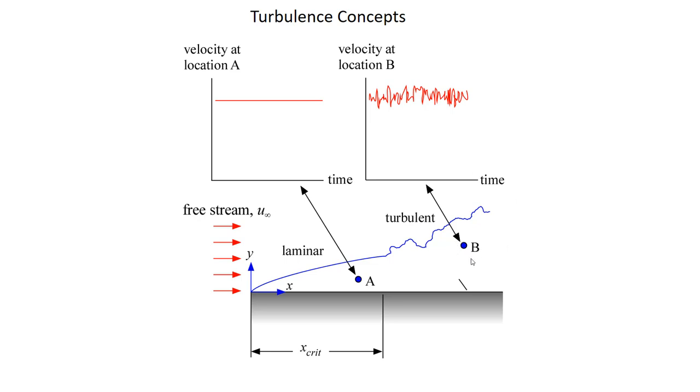On the other hand, if I go over here and introduce a velocity transducer into my flow in the turbulent boundary layer, even if the boundary conditions of the flow are steady, nothing is going on that's transient, what I'll see is that the velocity recorded by that transducer varies quite a lot as a function of time, right?